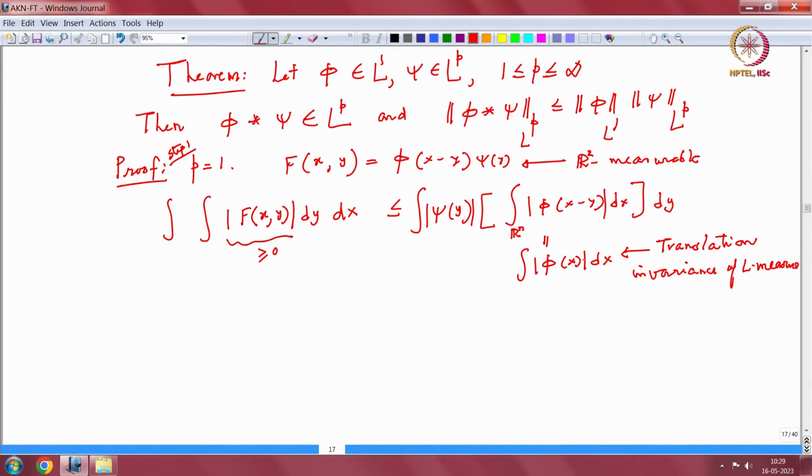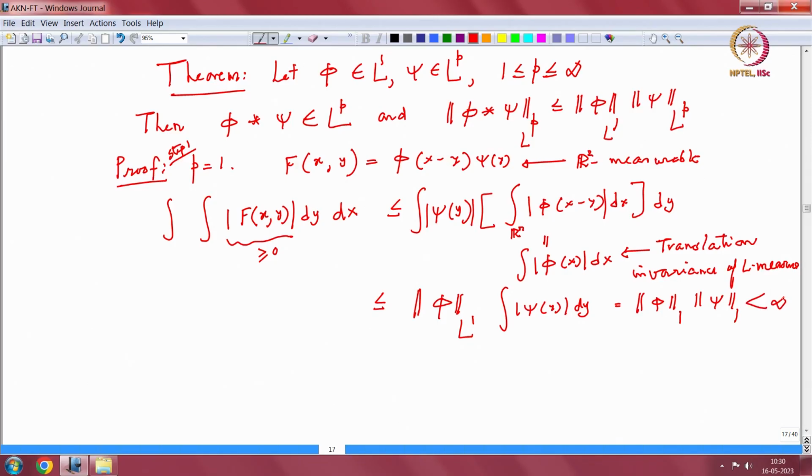So, once it is done, these are two separate integrals, so you can take this out. You get norm phi in L1, and then you have the integral of mod psi of y dy. You are able to take that out, over Rn, and this is norm psi in L1 because p equal to 1. So, norm psi at 1, and phi is in L1, psi is in L1, so this is finite.